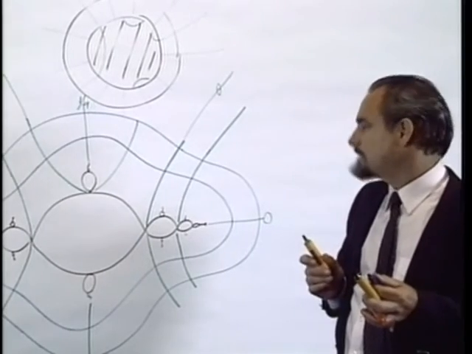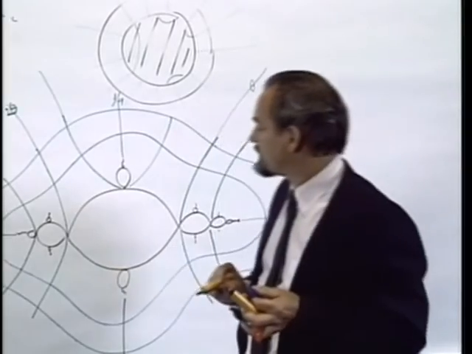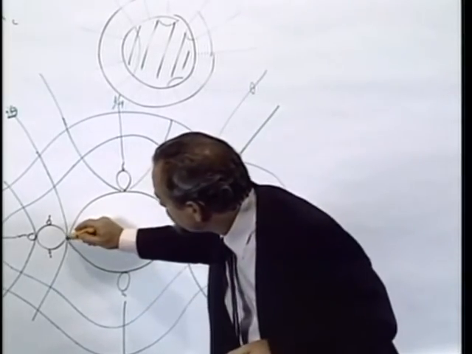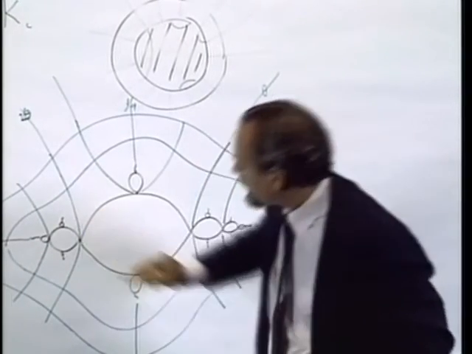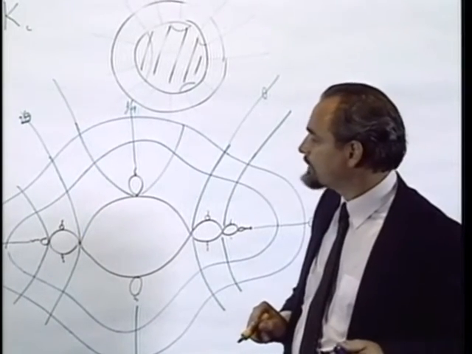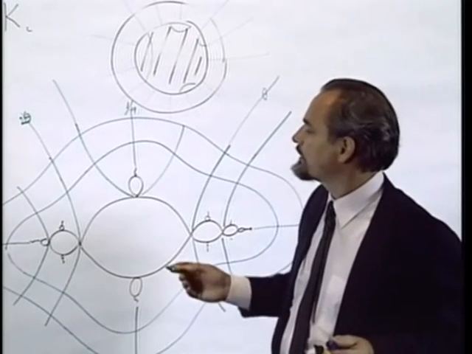Well, this gives us some handle on what the angle of this ray is. We saw that this is a fixed point. Hence, this ray, which lands at that fixed point, must be mapped to another ray which lands at precisely the same fixed point.